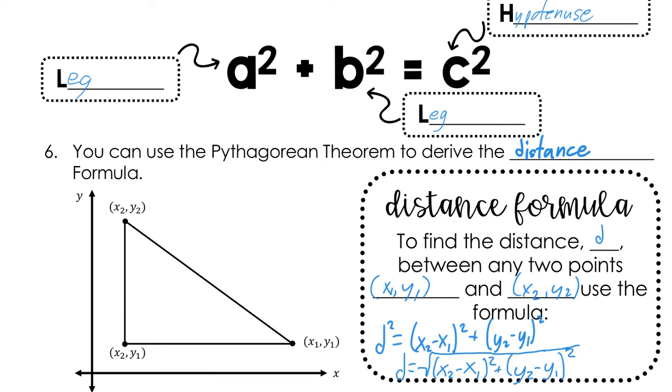Or d equals the square root of (x2 minus x1) squared plus (y2 minus y1) squared. This means that the distance between any 2 points is the square root of the sum of the squares of the differences between the horizontal and vertical components.